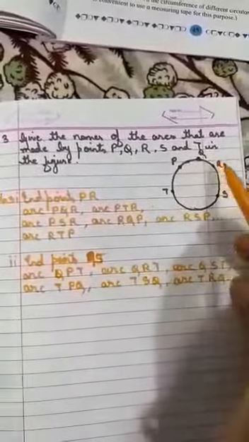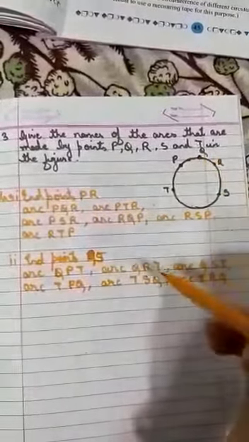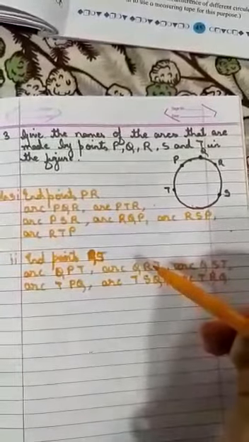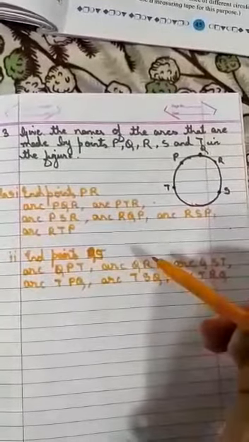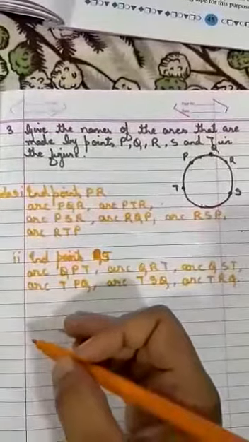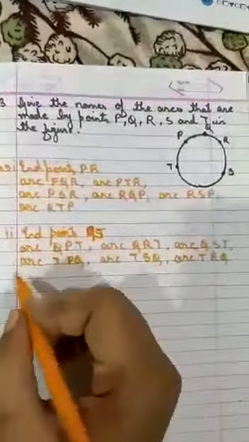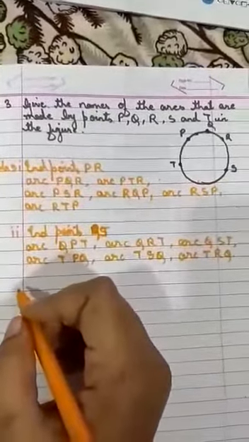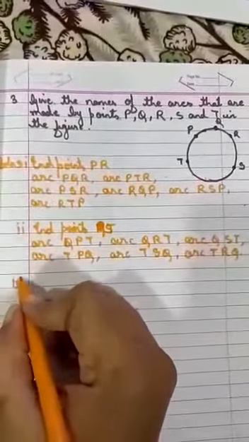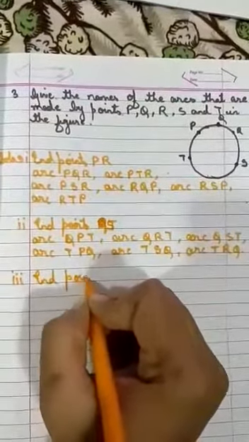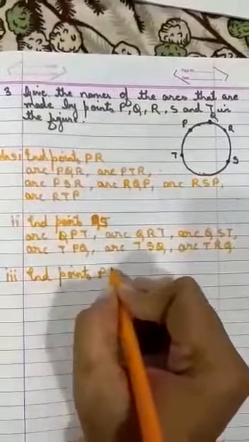Yes or no? We can take PS also. PRS, PQS. Yes or no? So these are the different ways in which we can find the arcs. Understood? So we can take here now, if we'll take PS then, third endpoints PS.